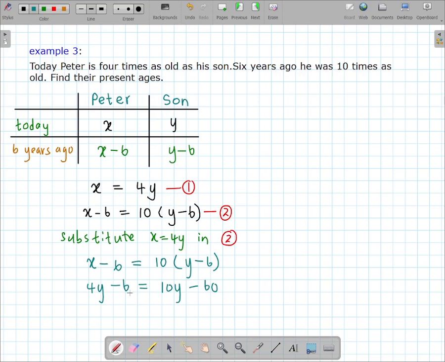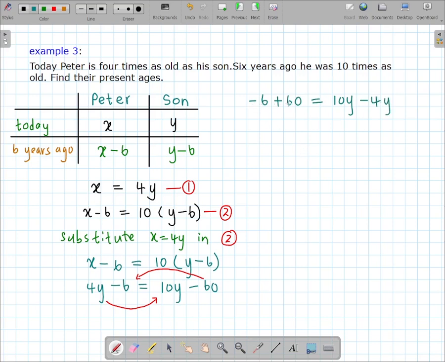Then I'm going to collect like terms and write, so I can send this 4y to this side and minus 60 to this side. So I'm going to write here, that is minus 6 plus 60 equals 10y minus 4y.